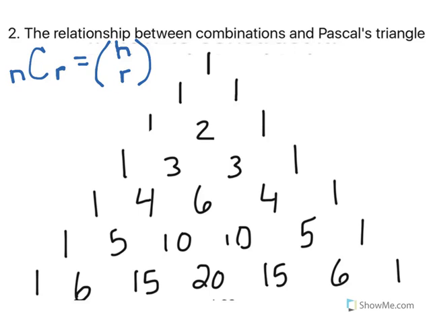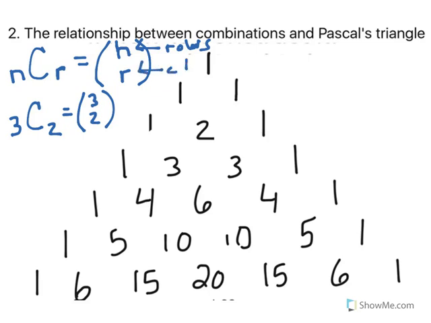So if we want to find 3 combination 2, which you would write as (3, 2), you would count: the n represents the rows, and the r represents the columns.